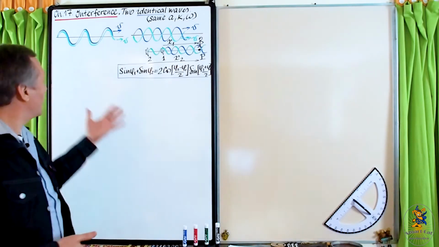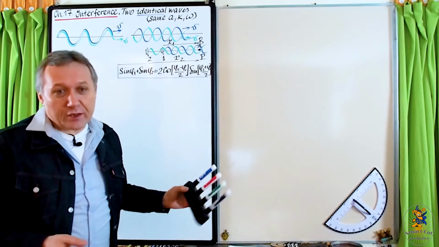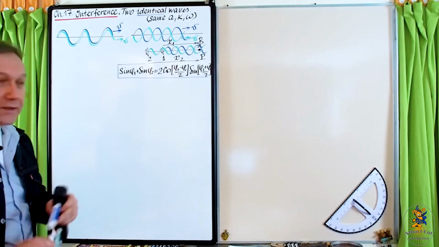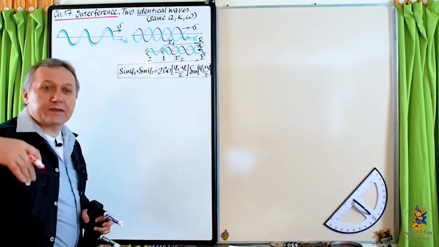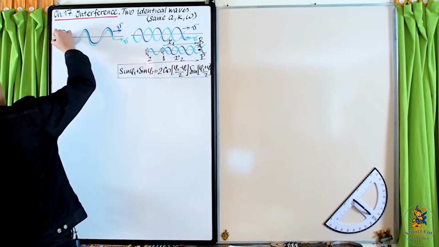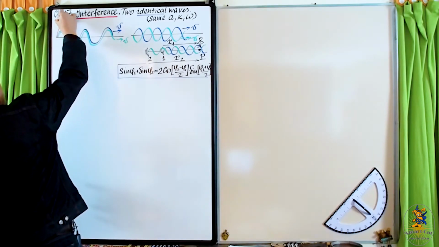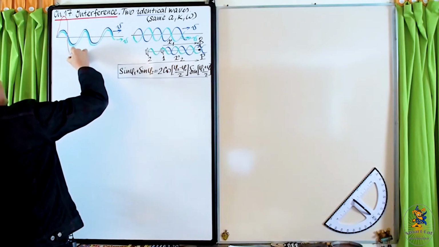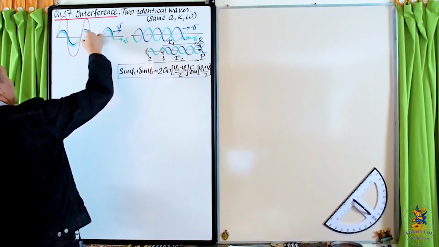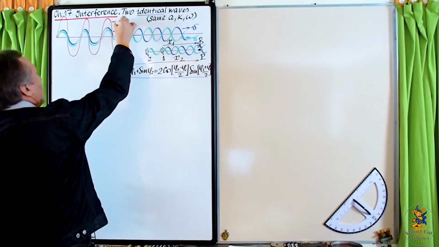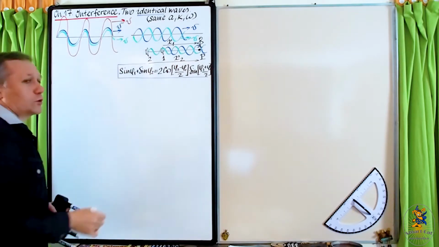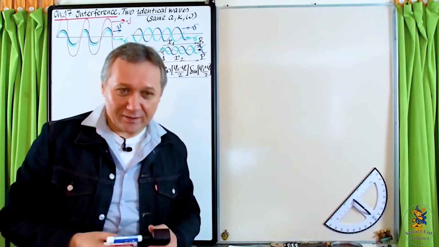If we try to imagine the resultant wave, it will be a wave with a doubled amplitude, something like this. And this wave is going to travel also with the same speed.